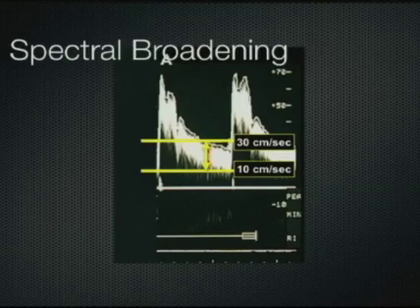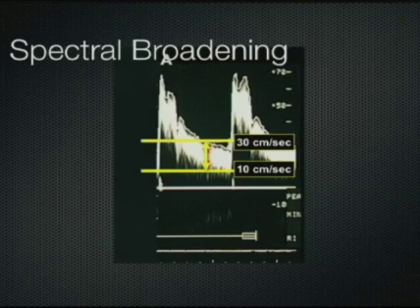In addition to the evaluation of peak systolic velocity as an indicator of stenosis, another component which is sometimes utilized relates to the range of velocities present in the Doppler spectrum. And this leads us to the discussion of spectral broadening. As you can see in this illustration, at any given point in the cardiac cycle, blood cells are flowing at a range of velocities.